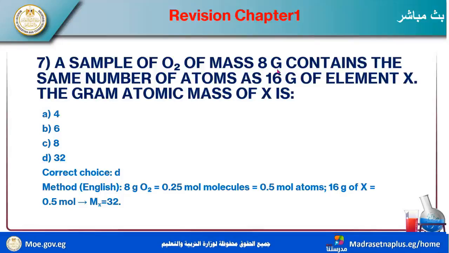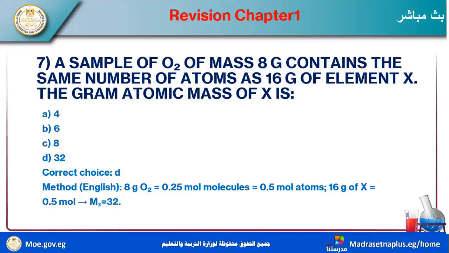Because we have 8 gram of oxygen, 0.25 moles of molecules, as I calculated before. Now 0.25 times 2 times 16 equals 32. The molar mass of oxygen equals 32 gram per mole.